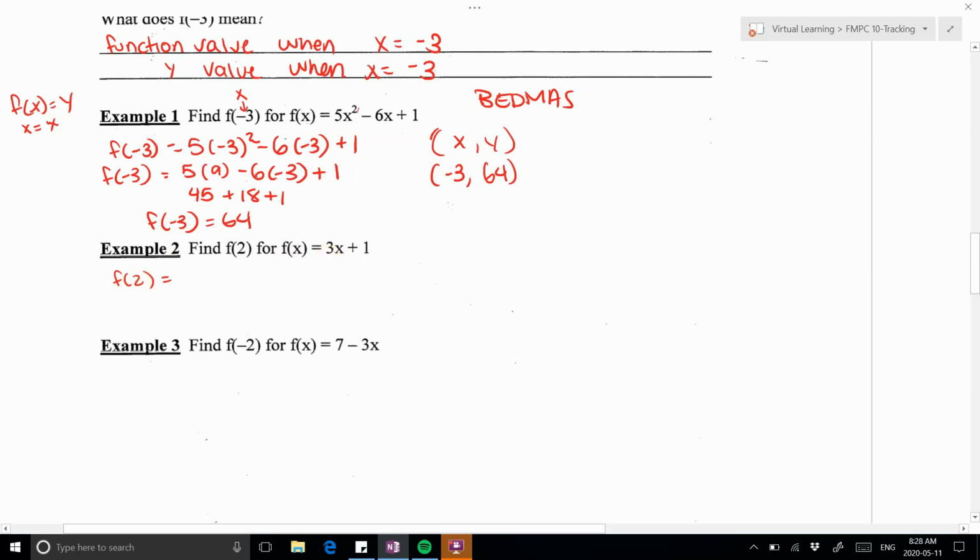So anywhere in my equation where I see x, I'm going to substitute positive 2 in. And once it's subbed in, I'm just plugging in my BEDMAS. So do I see any brackets? No. Exponents? No. Division, multiplication? Yes. I've got a 3 times 2 here. And then just the addition and subtraction. So 6 plus 1 is 7. So what this means is when x is 2, y is 7.